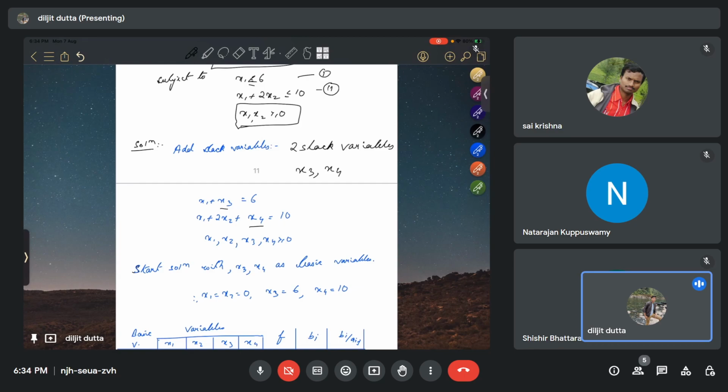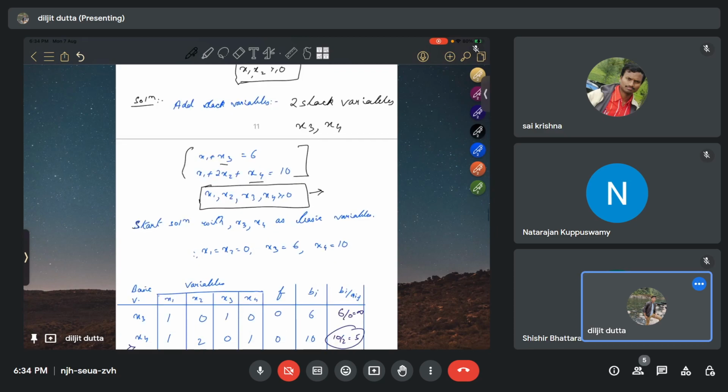Once we convert the constraints to equality constraints, that is the standard form of linear programming. And this is the primary condition that must be met: all the decision variables x1, x2, x3, x4 should be non-negative.